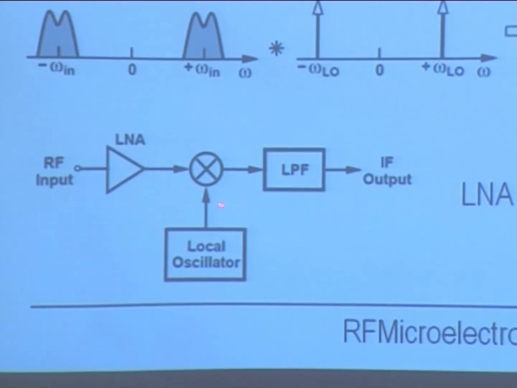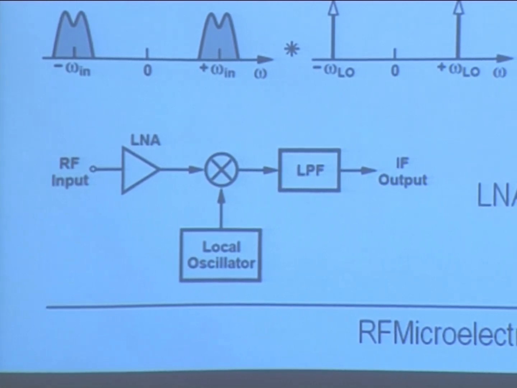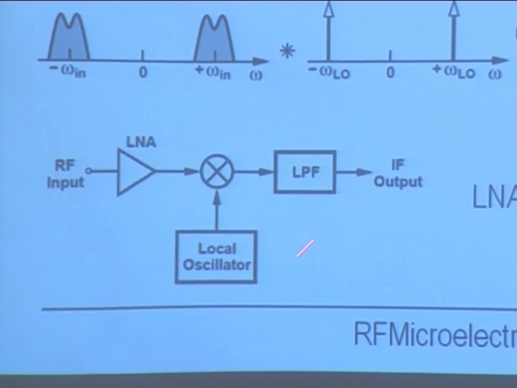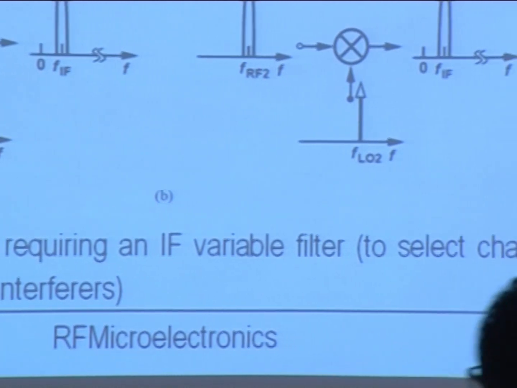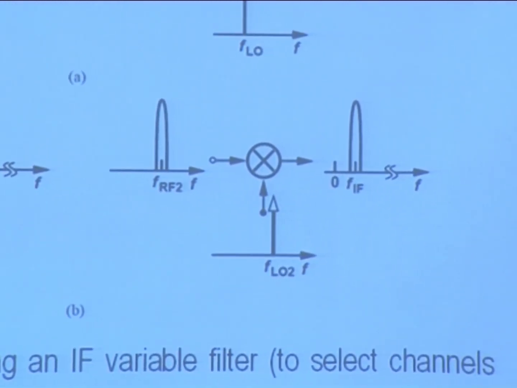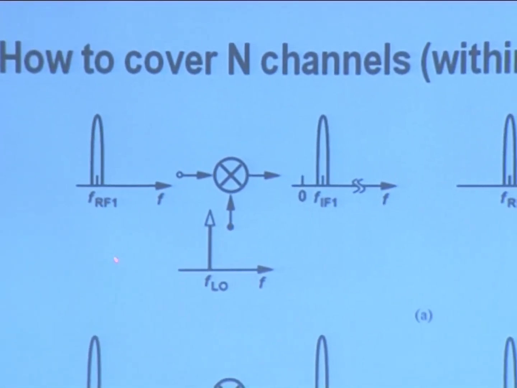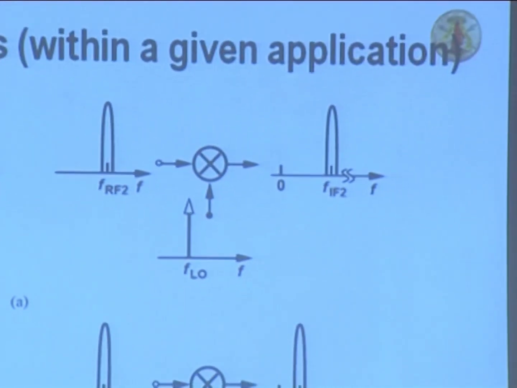Then at this point, we will translate all the band to a lower frequency where we will be able to make a channel selection. We do this operation by means of a local oscillator on chip. So we know we are in a multi-user system, so we have several different users. For example, let's call them FRF1, FRF2, and then the local oscillator.